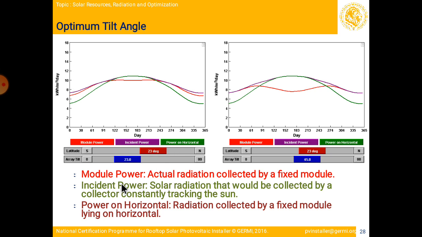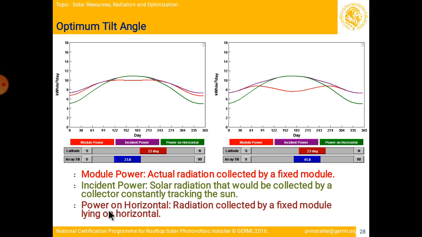The module power is the actual radiation collected by the fixed module, and the green shows the incident power, or solar radiation that would be collected by a collector constantly tracking the sun. In a solar PV module we can connect a solar tracker also, so that it will track the sun position and we will get the maximum efficiency from the solar PV module.